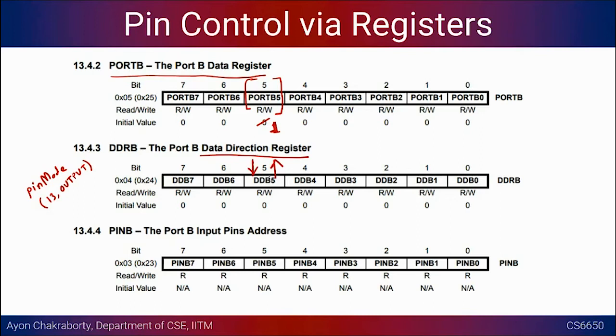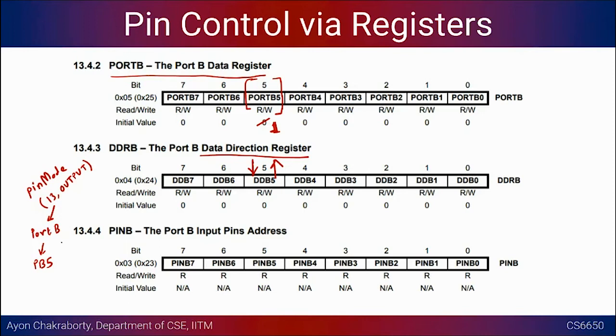In our case, this is only a one time declaration that pin 13 will be used for output. So how do you know which particular bit? Once we say pin number 13 in Arduino, this maps to port B, and inside port B it is PB5.